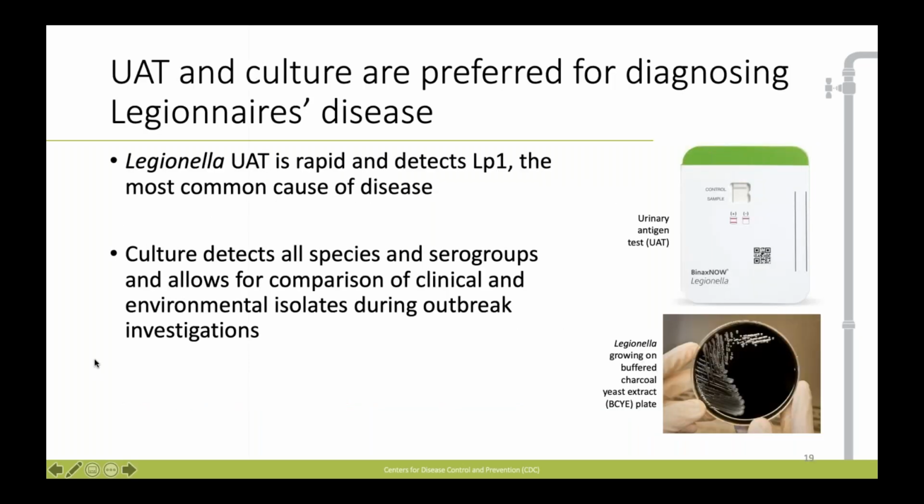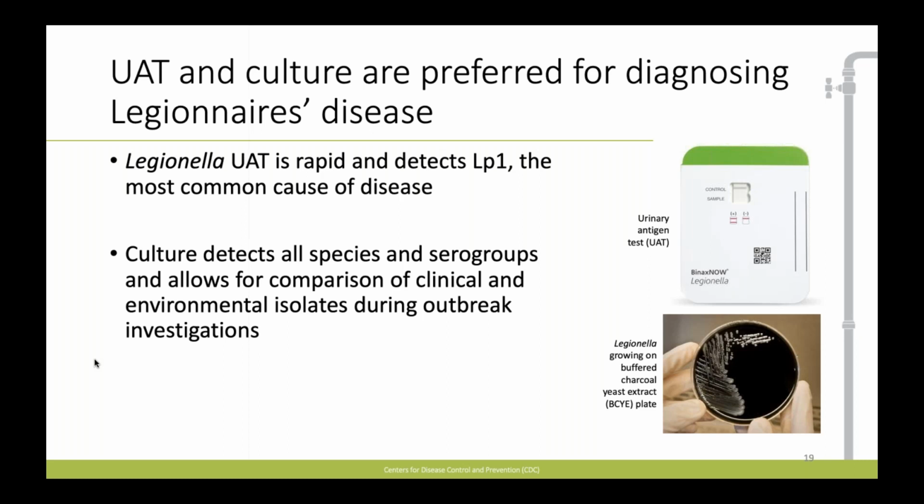So the primary diagnostic for Legionnaire's disease is the urinary antigen test. Legionella is also culturable, and we recommend that both a urine antigen test and a specimen for culture are collected from patients that are suspected to have Legionnaire's disease. While the UAT is rapid, it only detects Legionella pneumophila serogroup 1, which is the most common cause of the disease, but it's certainly not the only causative organism for Legionnaire's disease in the United States.